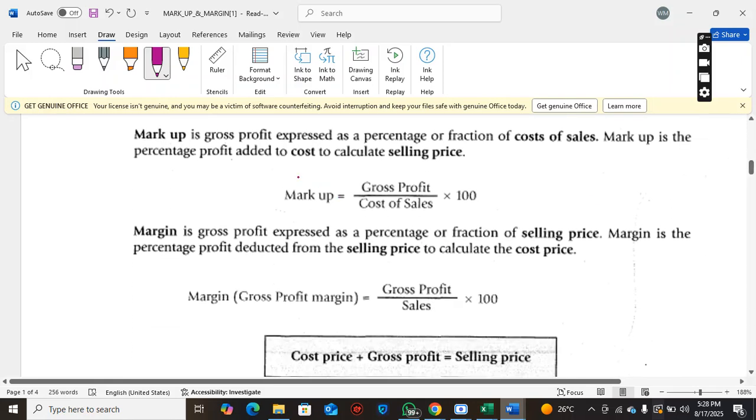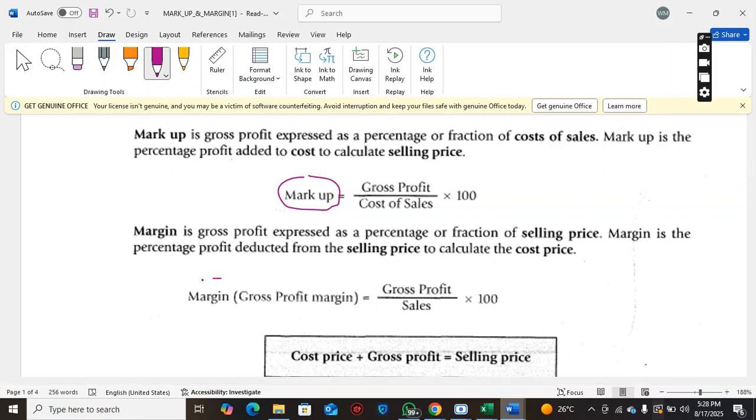Now, in the questions, they've already given you this. So it's already been calculated for you. These have already been given to you. And with questions in incomplete records, you won't be asked to determine them. If they ask you to determine the markup or the gross profit margin, then you can use this formula.